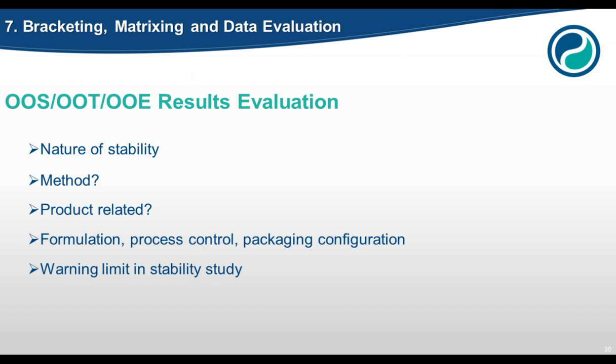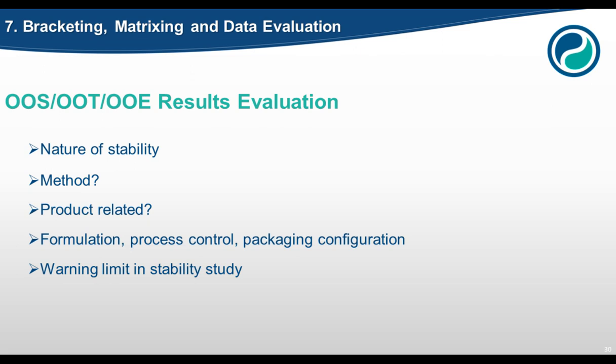If we do observe OOT results, the first question we have to ask is whether we follow our company requirement for the investigation to check if they are confirmed or not, and if they are caused by identified causes such as instrument or human errors. If they are confirmed OOS results, the first question to ourselves is whether they are truly product related.